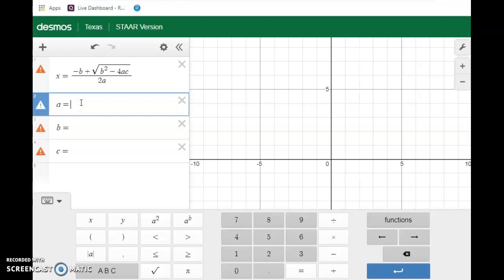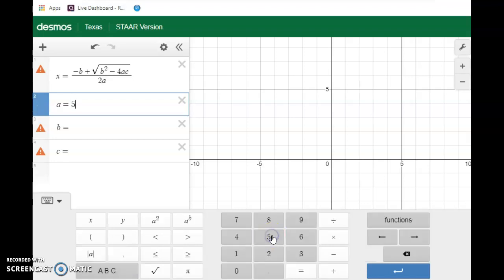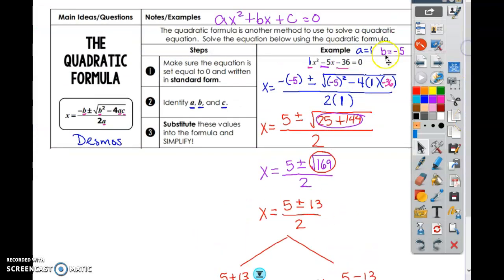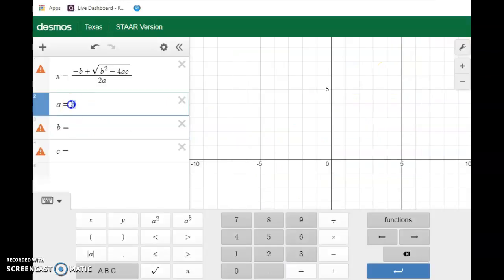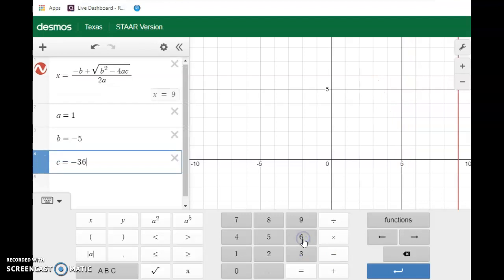What was the number for a? 5. So put A is equal to 5. What was my B? B was negative 5. A was 1. Y'all messed up. A is 1. B is negative 5. And C was negative 36.